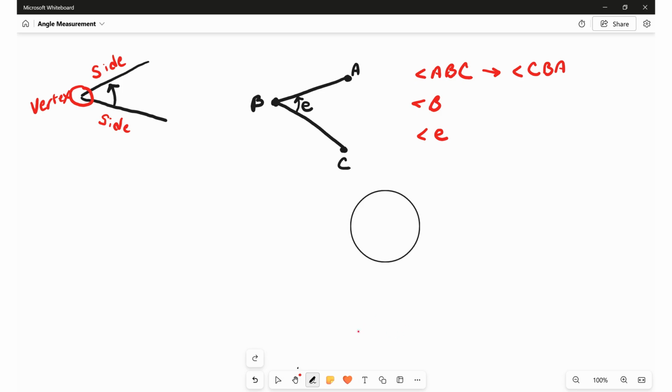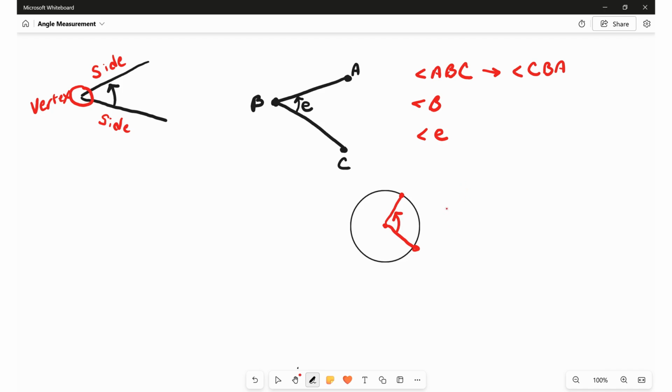When we're considering where angles got their names from, we're really coming off of a circle with the center, and then we have these here, and this is an angle.